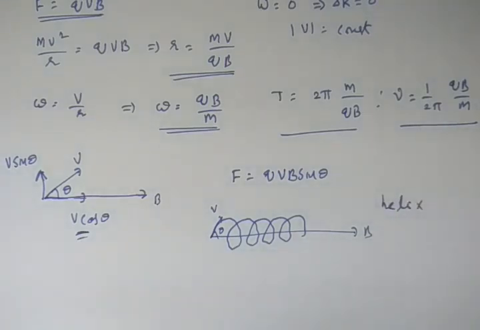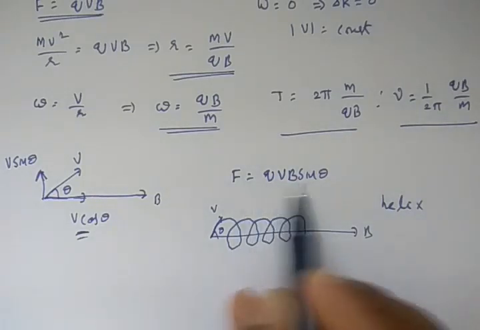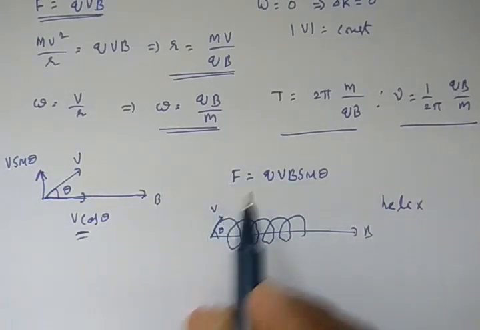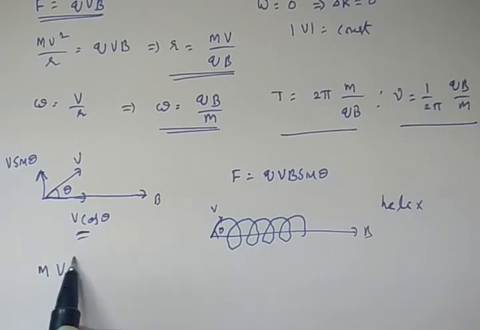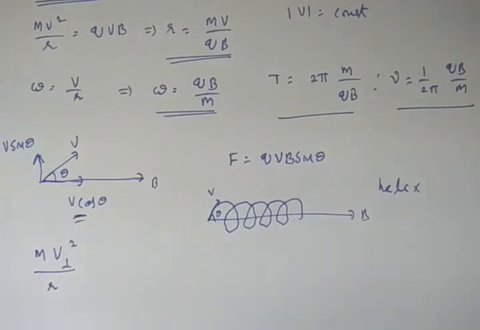Now you can also compute the radius of the helix by taking this equation. This is the centripetal force, m v perpendicular squared by r, that equals q v perpendicular B. Because of the perpendicular component, the particle will go in a circular path.